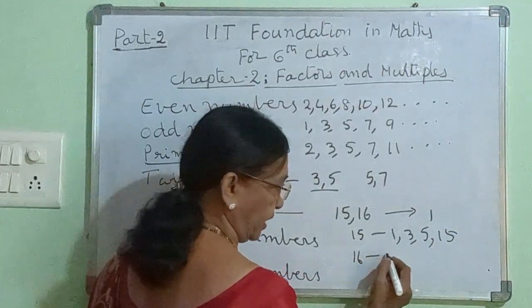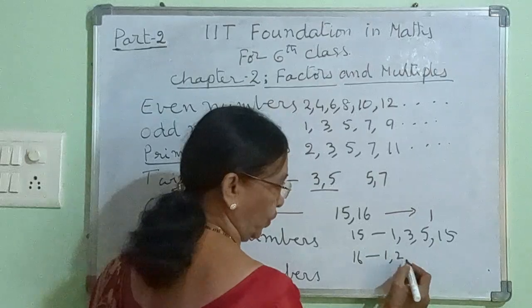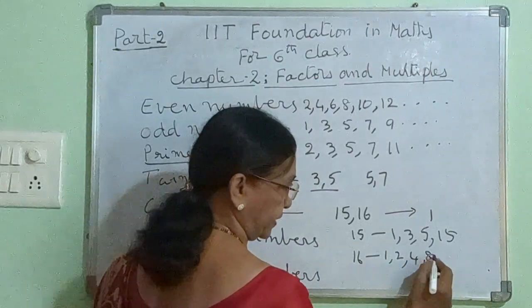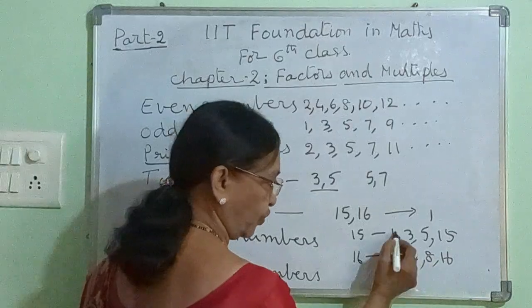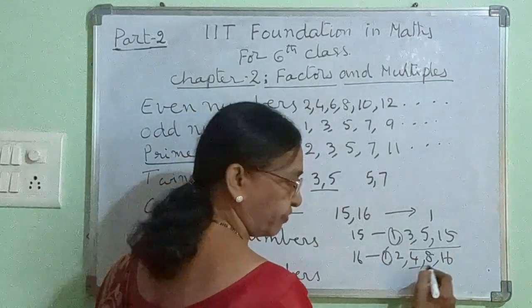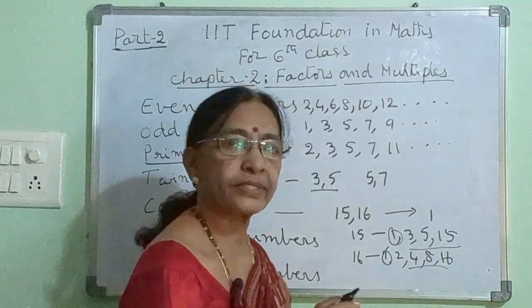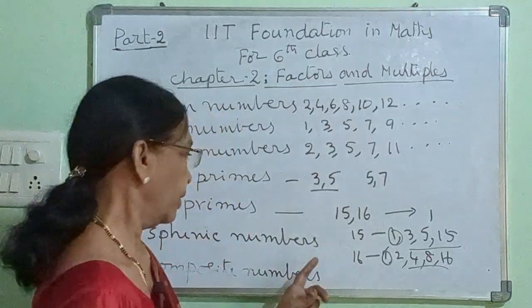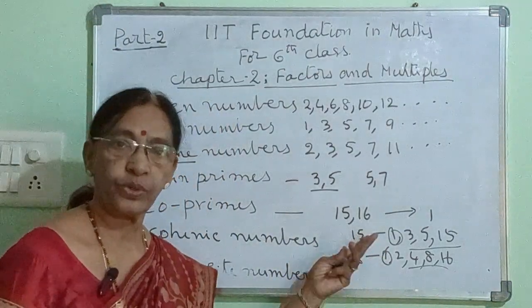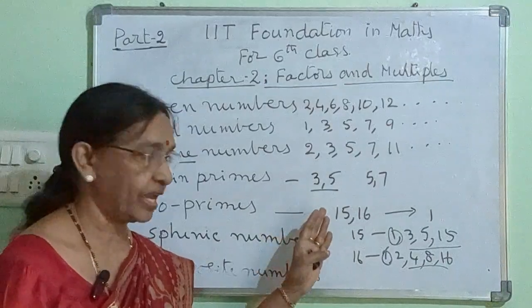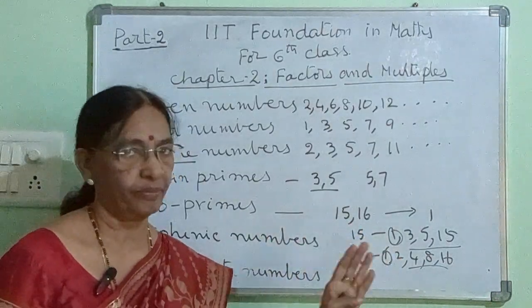For 16, the factors are 1, 2, 4, 8 and 16. So 1 is common. No other factors are common. Such numbers are called co-primes. They are relatively prime to one another, but actually the numbers are not prime numbers.